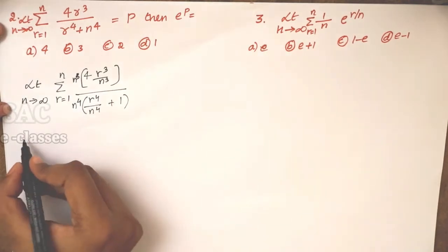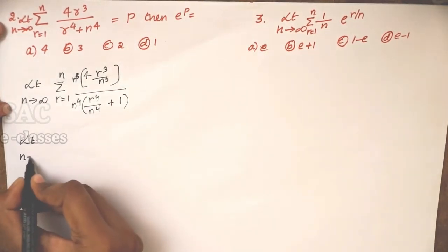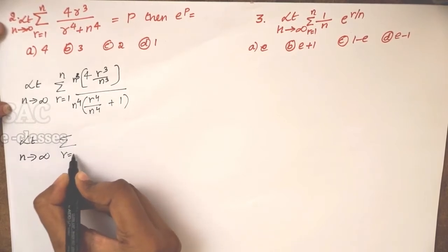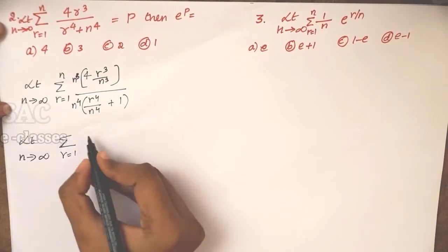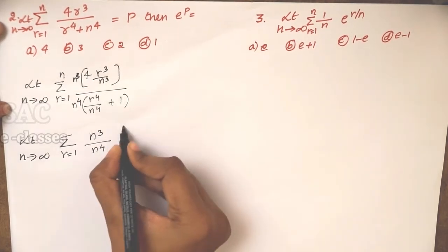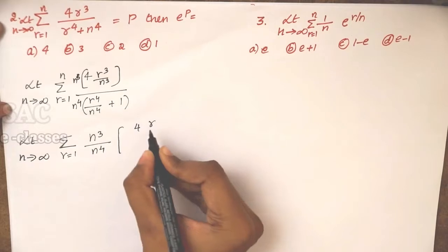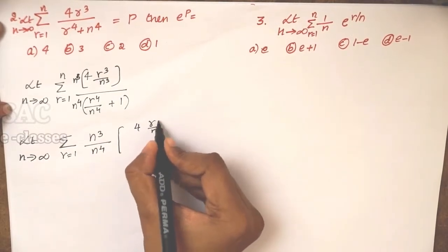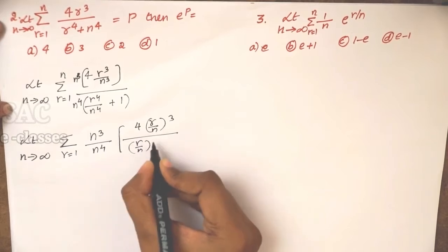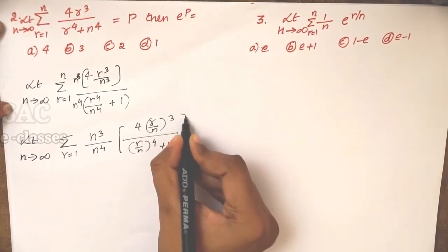So here limit n tends to infinity, sigma r equal to 1 to n, n cube by n power 4 into 4 into r by n whole cube by r by n whole power 4 plus 1.